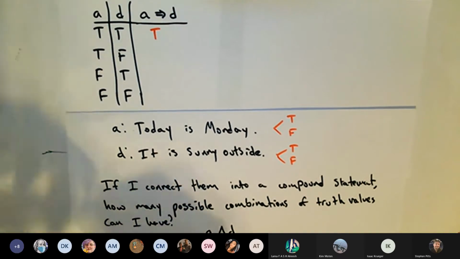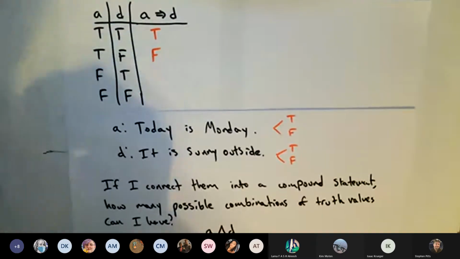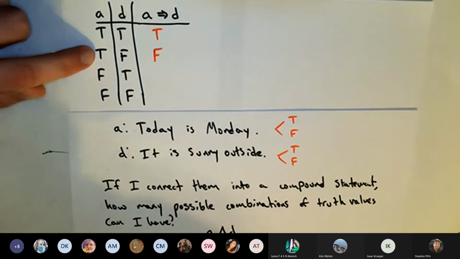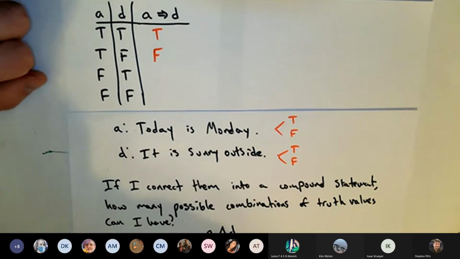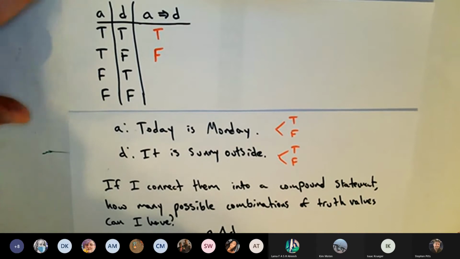So I'm telling a lie here. If we're sitting in class on Monday and it's dark and dreary outside, and I say if it's Monday then it's sunny outside, you would say, well, no, the first part is right, it's Monday, but it's dark and rainy outside, so you're telling a lie. So far, not too wild.